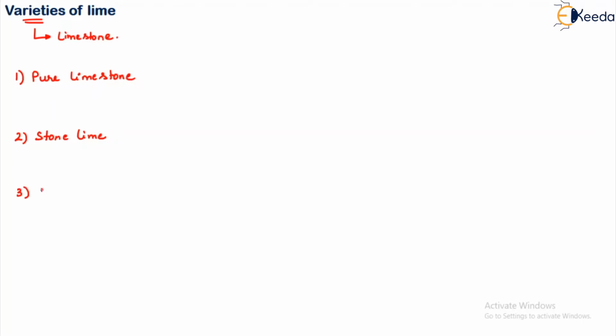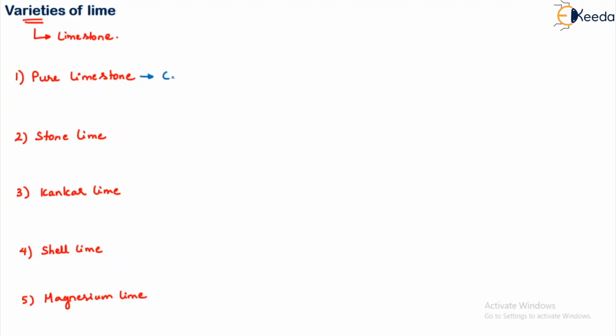Third one is the conker lime. Fourth one is the shell lime. And the fifth one is the magnesium lime. Now we will see each one of them in detail.